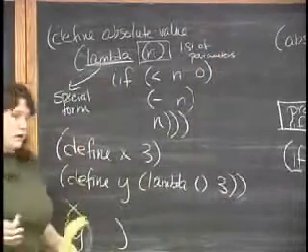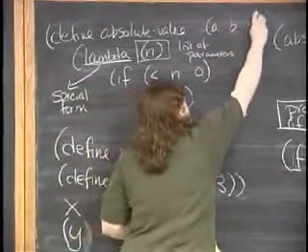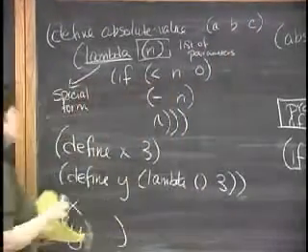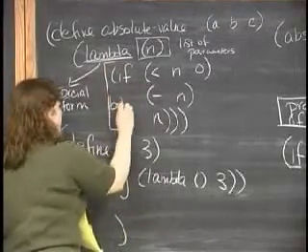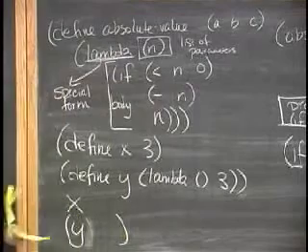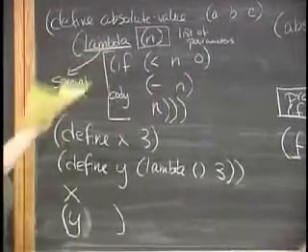In this case, we have just one. If you wanted more than one, you would denote them just with spaces between them, no commas or anything like that. The remainder of the lambda is its body. So lambda creates a procedure for us. Okay.